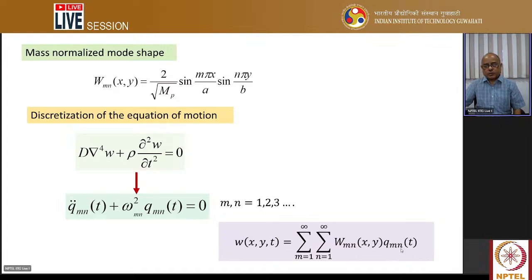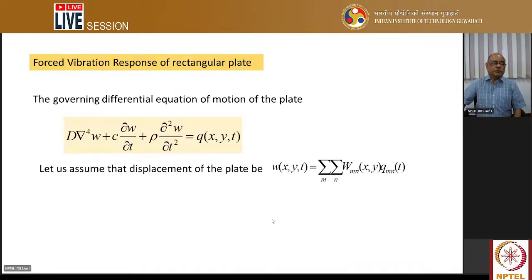Once we know q mn and the mode shape function, we can find the displacement at any location x, y at any time instant t. With this principle, the forced vibration of a rectangular plate can be studied.